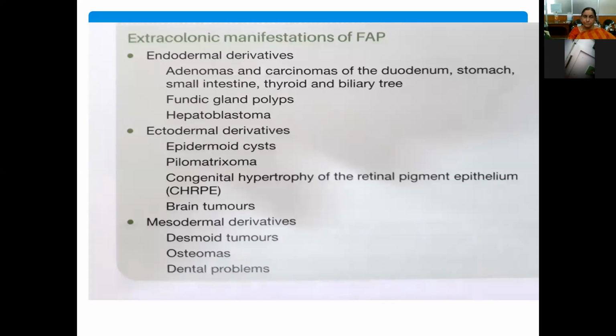Ectodermal derivatives show epidermal cyst, pilomatrixoma, congenital hypertrophy of the retinal pigment epithelium, and finally brain tumors. Mesodermal derivatives are the desmoid tumors, osteomas, and dental problems. This is how you can classify and remember the extracolonic manifestations of FAP.